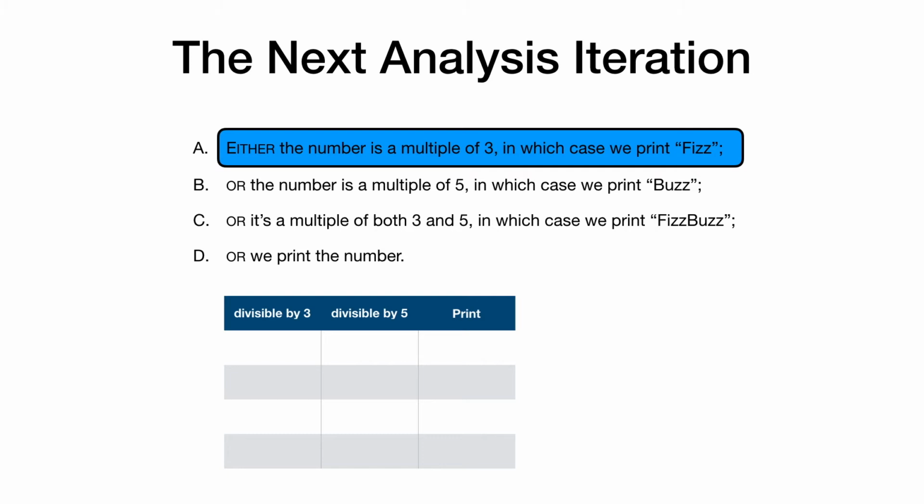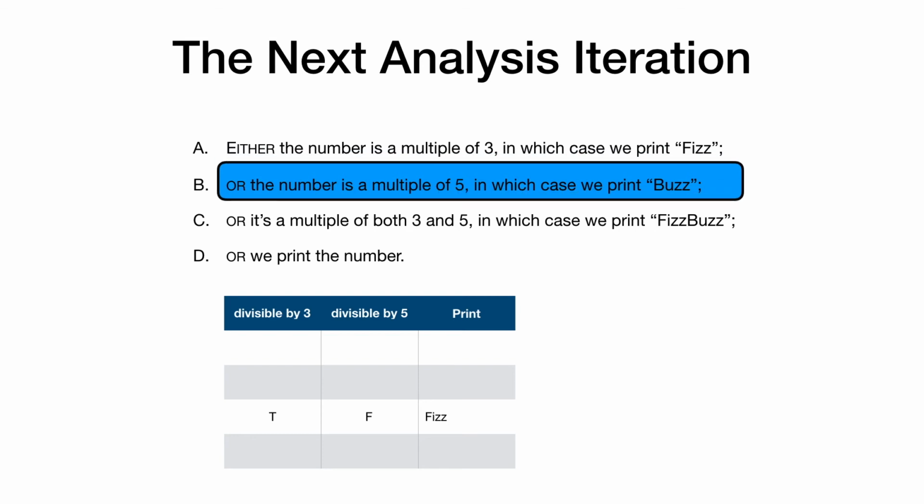In the first state, the number is a multiple of 3, and not a multiple of 5, in which case we print fizz. In the second state, the number is a multiple of 5 and not a multiple of 3, in which case we print buzz.